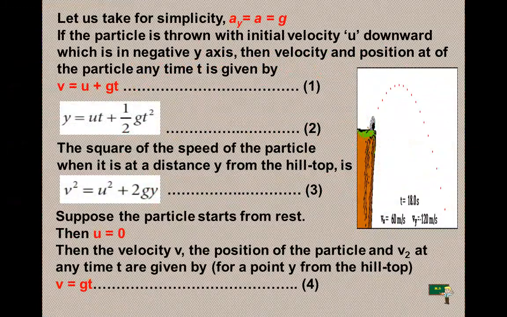Suppose the particle starts from rest, then the initial velocity u is equal to 0. Then the velocity v and the position of the particle at any time t, for a point y from the hilltop, are given by v is equal to g into t.